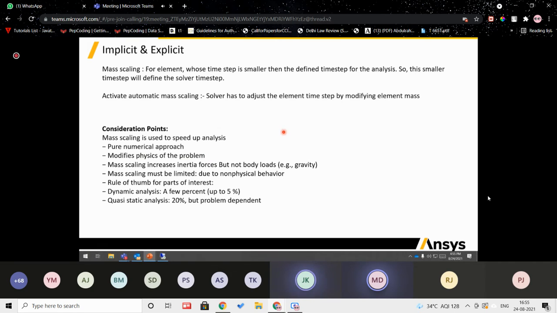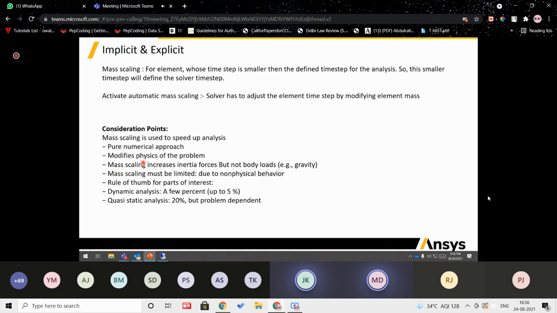If it is adding mass, the kinetic energy of that particular problem will increase. But till which limit can I increase? If I'm doing dynamic analysis, I can go up to 5% of mass addition. If I'm doing quasi-static analysis, I can go up to 20%, but that too will be problem specific. These two are thumb rules which we generally follow.